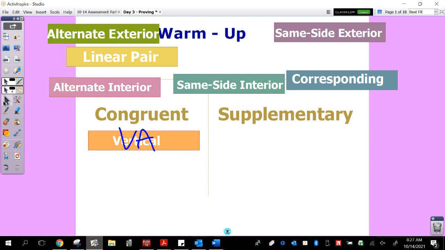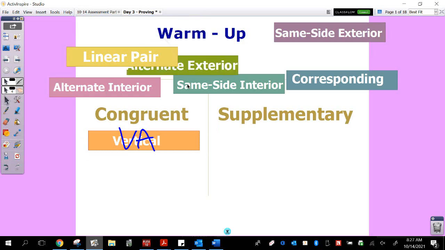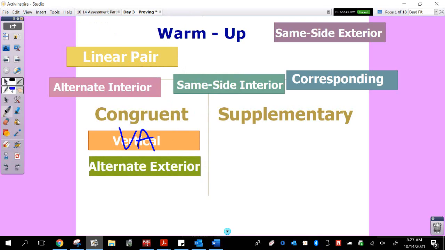What else would be congruent if lines are parallel? AEA is also congruent if lines are parallel. What else? AIA.